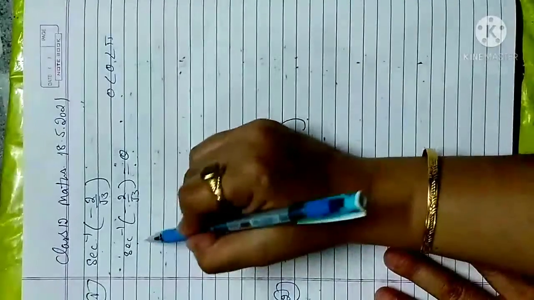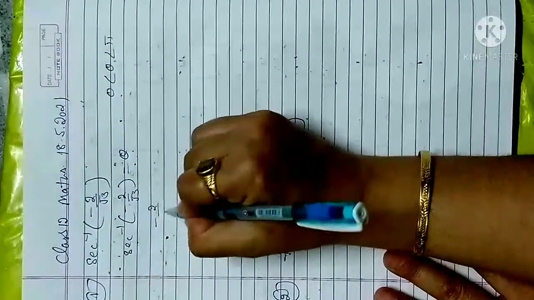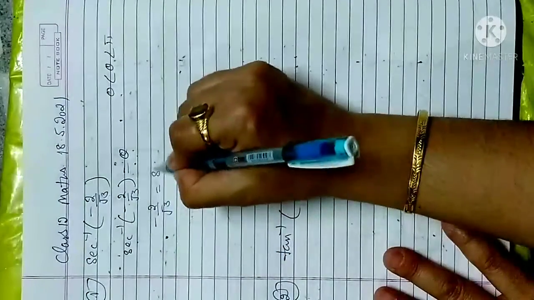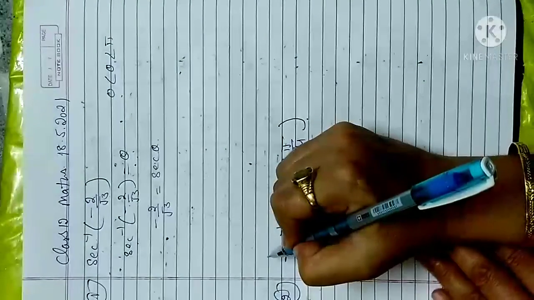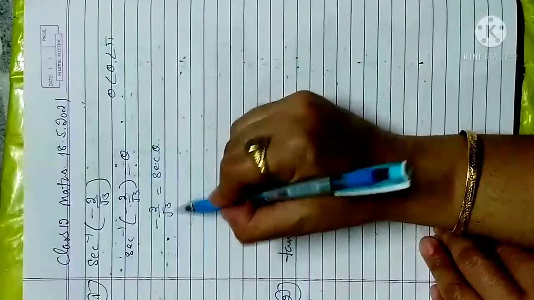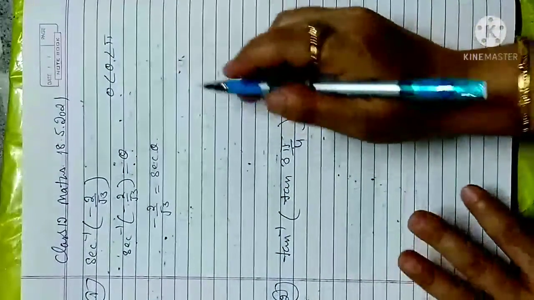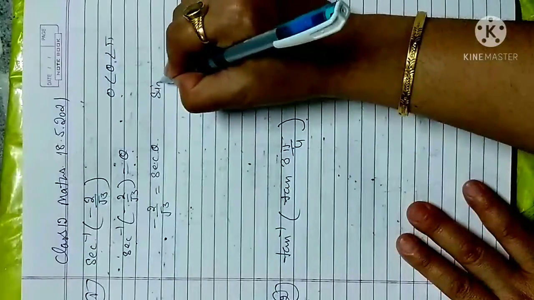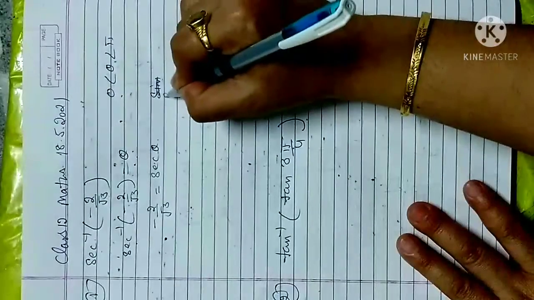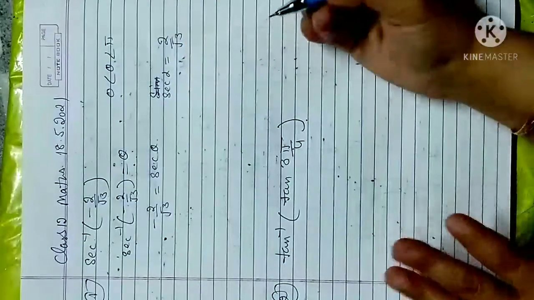Okay, now, when you shift secant to the other side, that is minus 2 by root 3 is equal to secant theta. Now the condition is, what is my basic angle if I ignore this negative sign? So I consider here secant alpha is equal to 2 by root 3, that is my base angle.